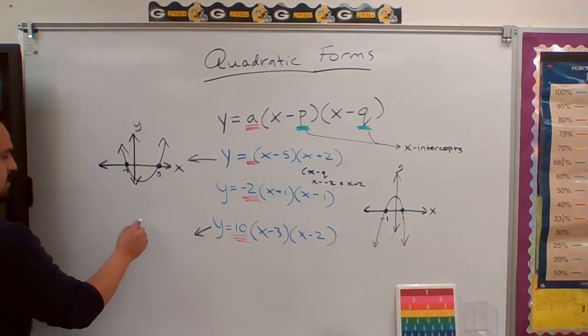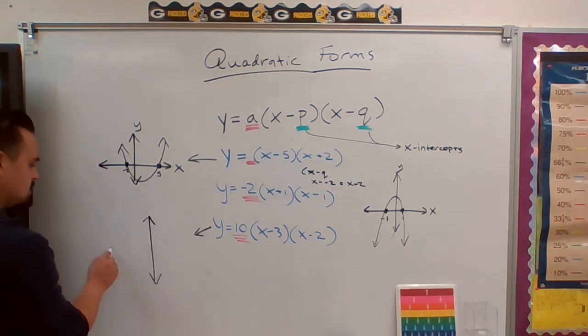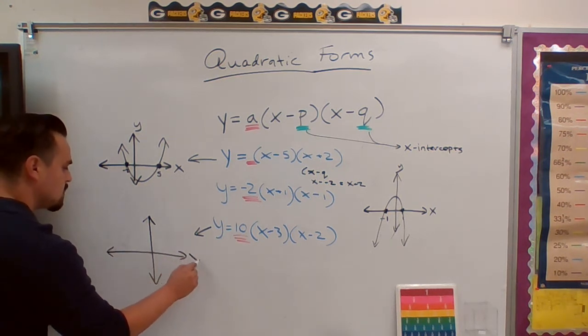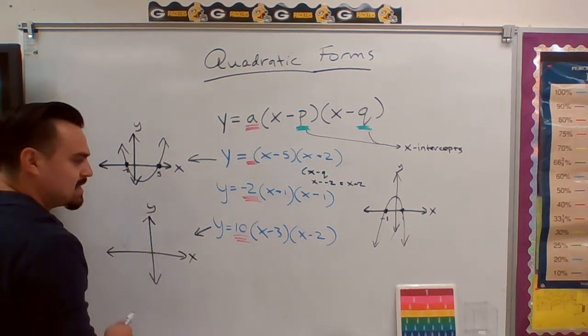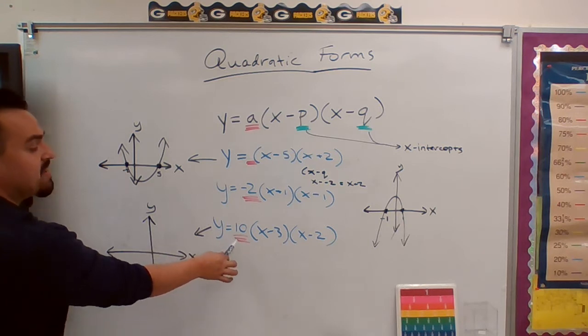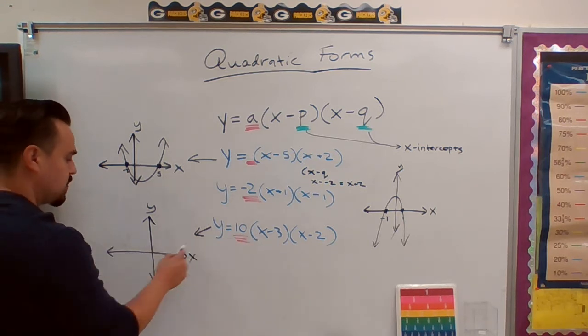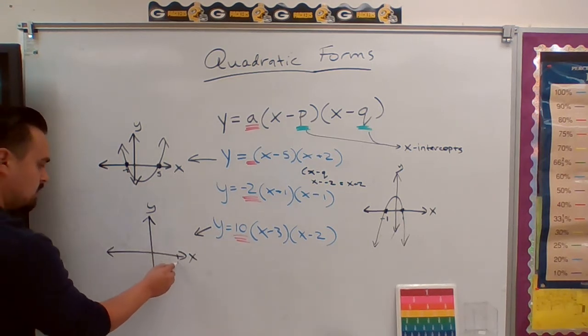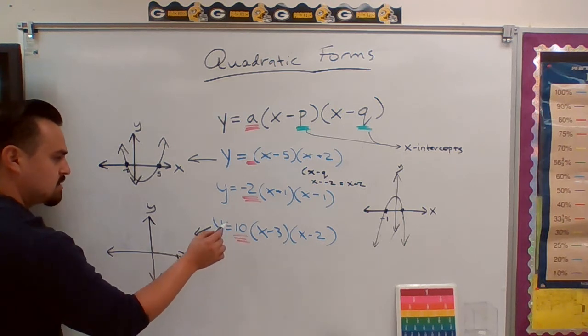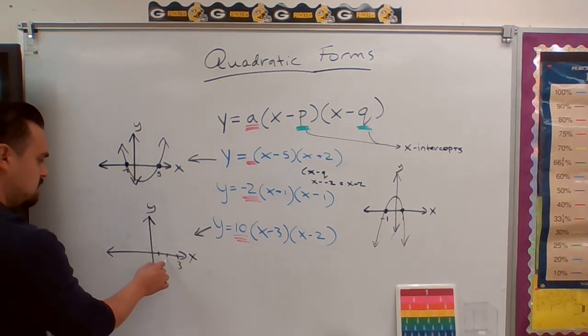This last one, x, y, labeled my axes. All right, very steep, very, very steep, but it's positive. It's going to go through 3 and 2. It's very, very steep.